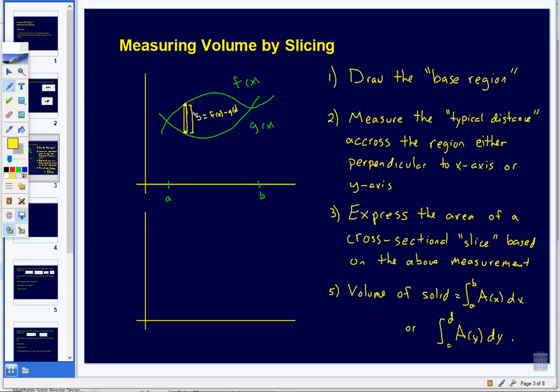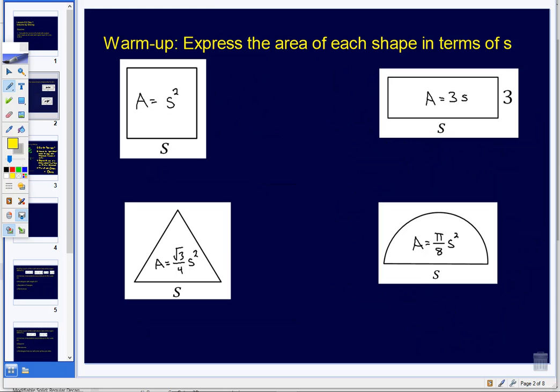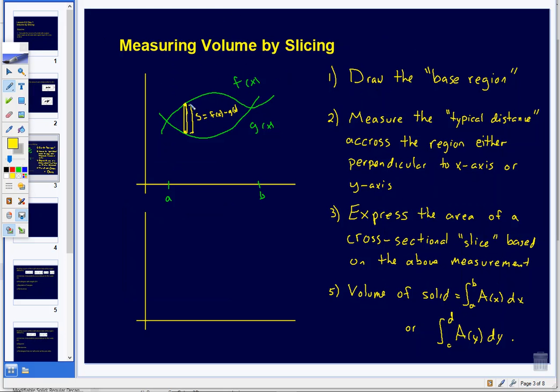And so we now use that in the same way we did in these geometry formulas to formulate what the area of a cross-section is. If I had square cross-sections, then coming out of this page toward us would be a square whose length and width are both that s.